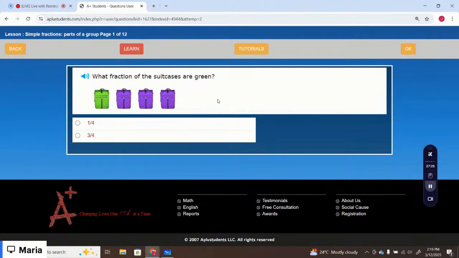It is 1 out of 4. Only one of them is green. The total is 4. That is 1 out of 4.